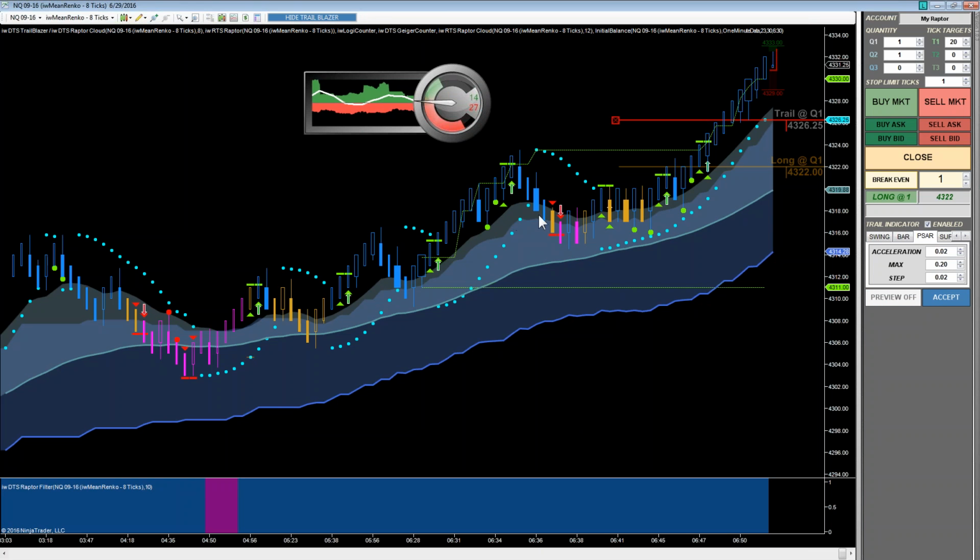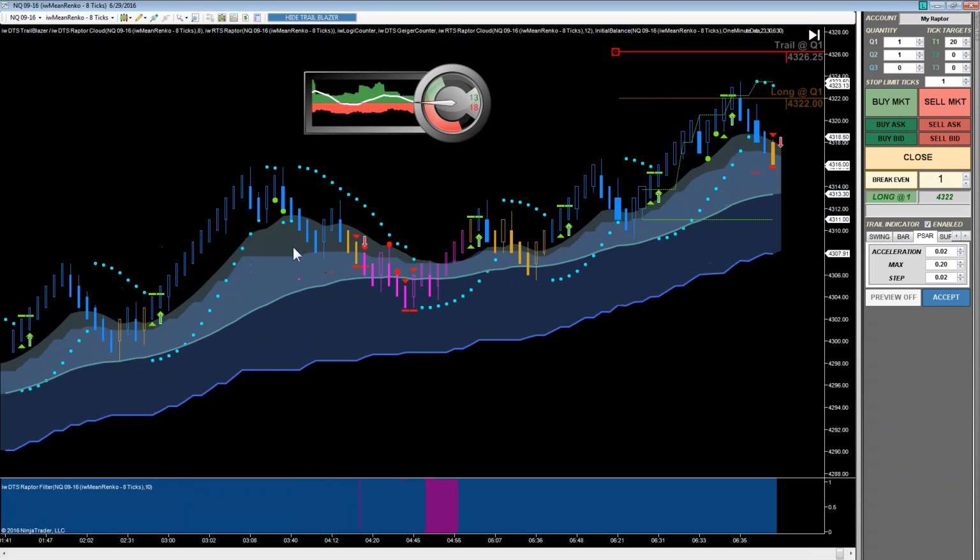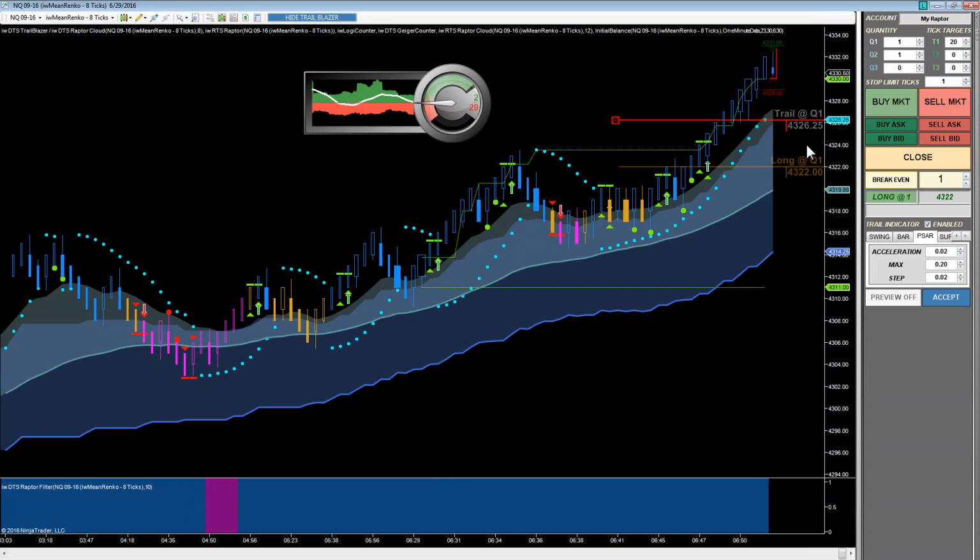What's nice about parabolics is that they tend to follow a trend pretty well, and then as the trend is weakening, the stops get in rather tight. We do have one stop strategy even more aggressive than the parabolics, and that's the bar high-low.